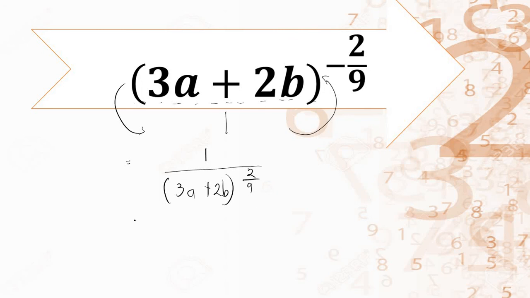Now, let's rewrite this into radical form. We have 1 over, then write the radical sign. What is our radicand? That is 3a plus 2b.